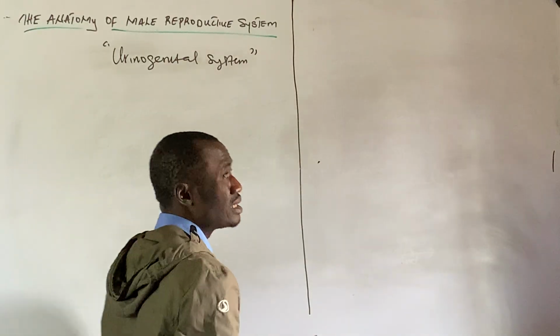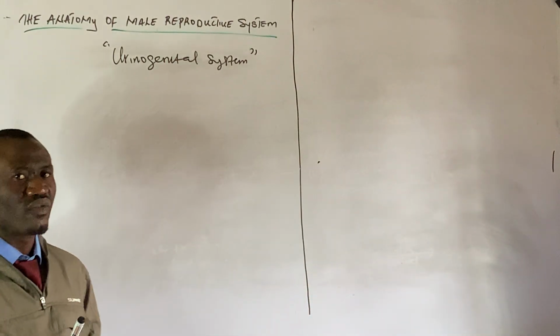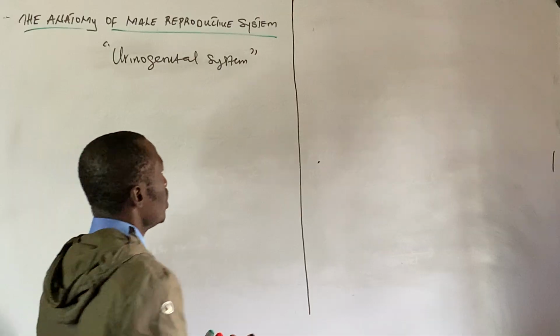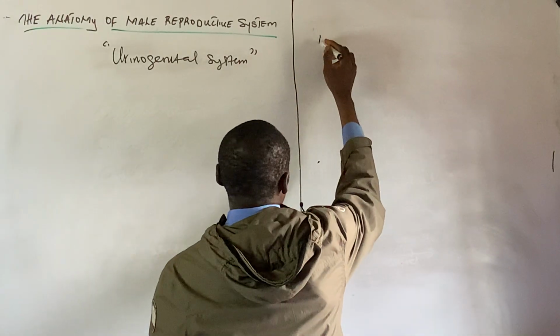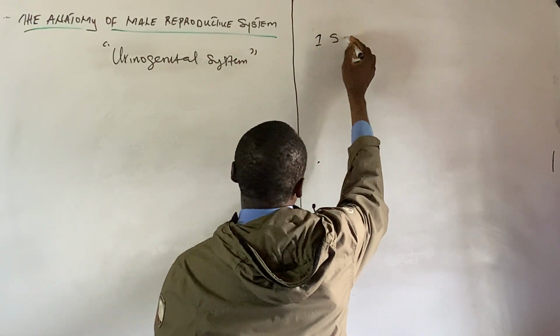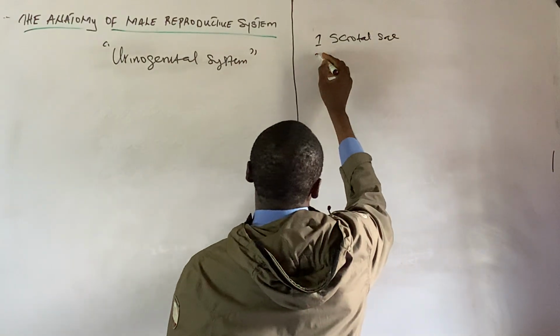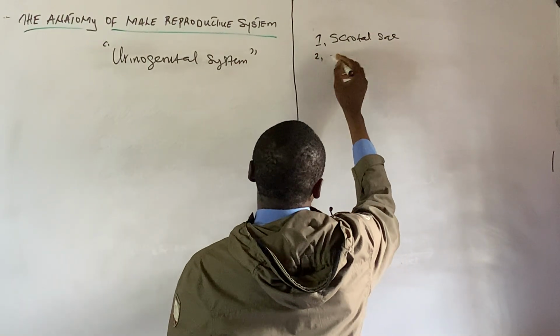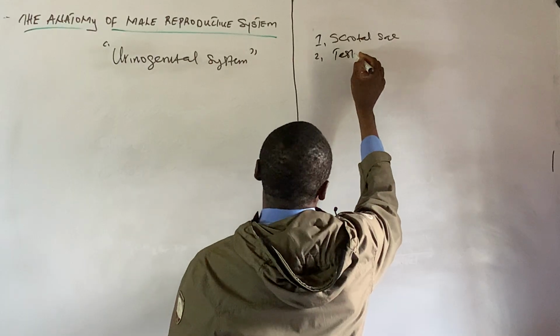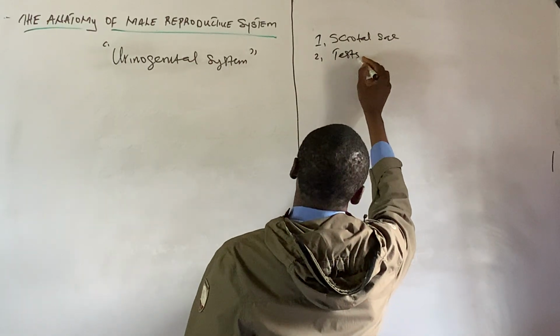All right, so let's list the organs of the male reproductive system. The first one is the scrotal sac. The second is the testis.